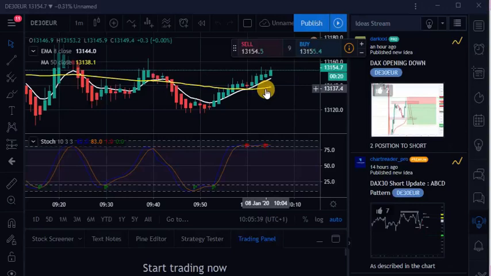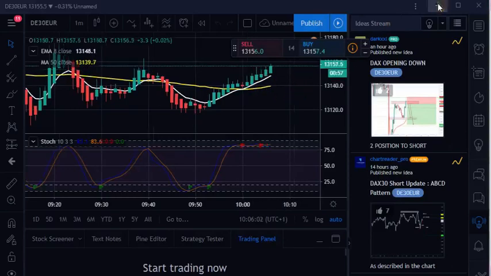But I discovered something new, which is the stochastic 14 3 3, and I discovered that it's something very simple that anyone can use for forex trading, and you get your profits very, very fast.